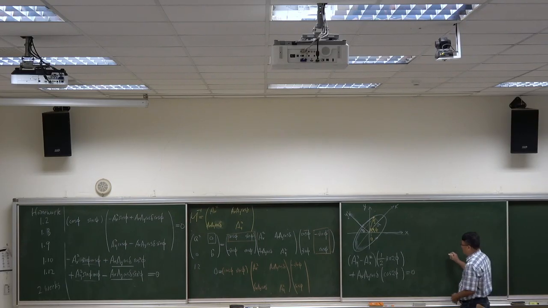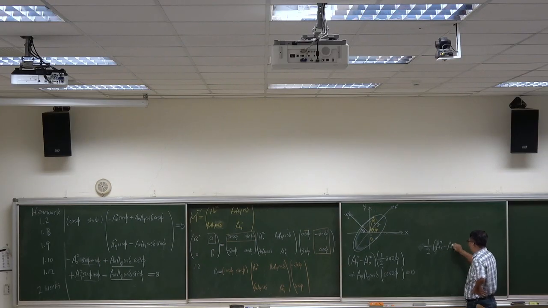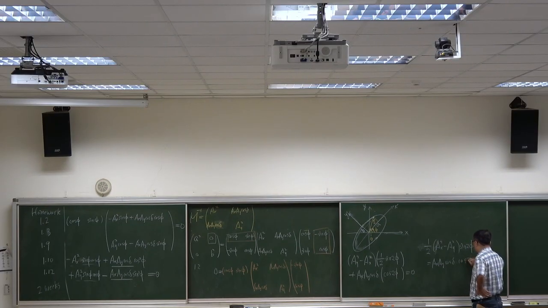So finally, we find that one half times ax squared minus ay squared times sine 2 phi is equal to ax ay cosine delta times cosine 2 phi. Okay.